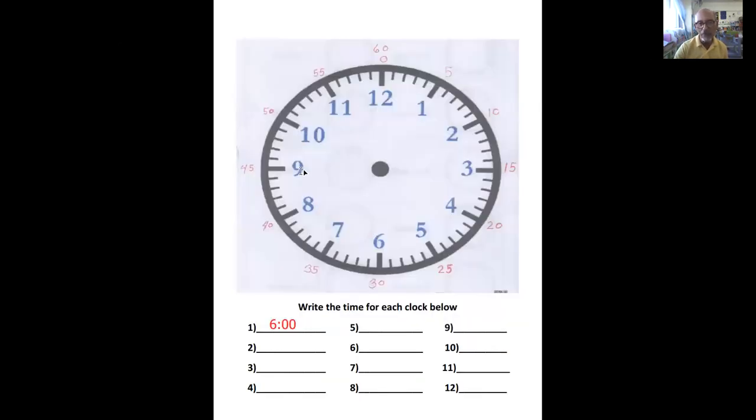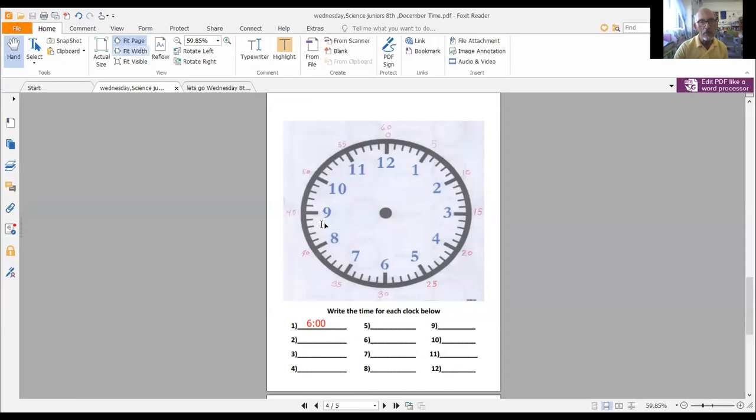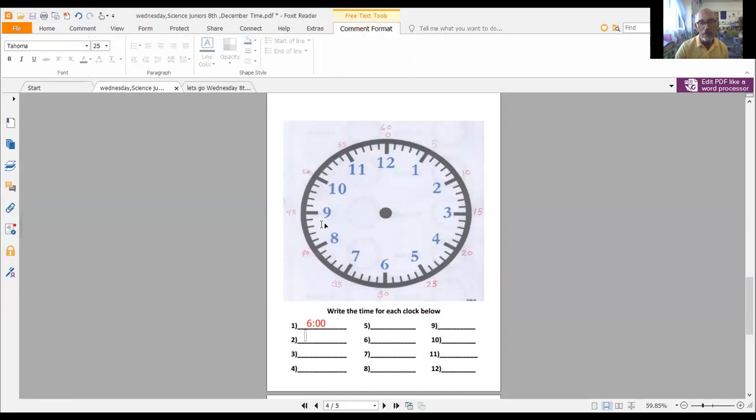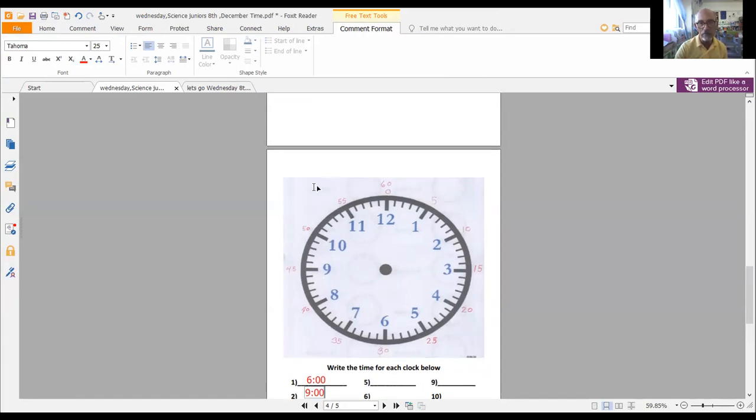Let's write the word, what time is it? Number 2, the time is 9 o'clock. 9 o'clock. Okay, for number 2.